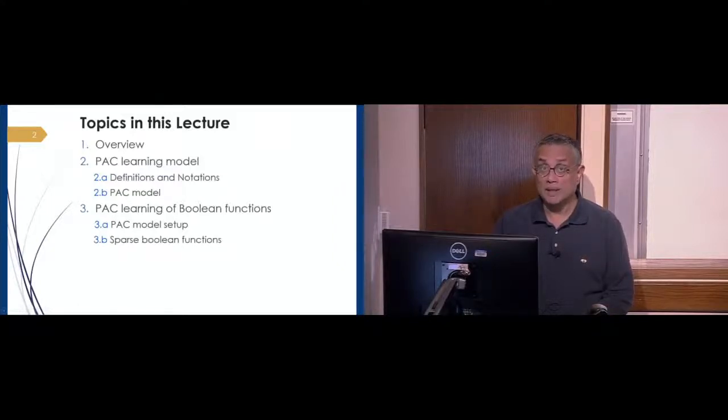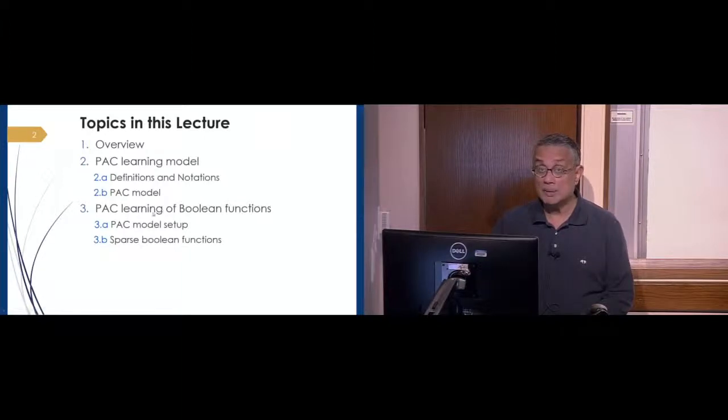Remember that from earlier lectures, we saw quite a bit about Boolean functions in the context of representing them through what we call the Fourier spectrum of Boolean functions. The Fourier spectrum is a way of discerning, and we learned that in the previous weeks, how sparse or dense a function is.